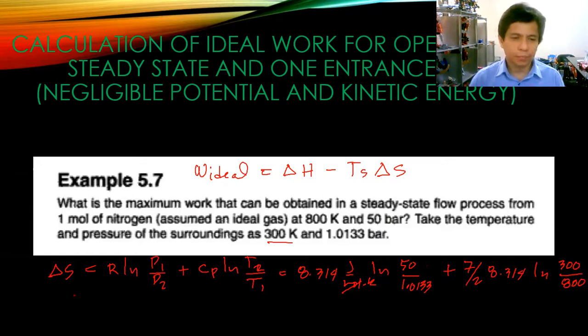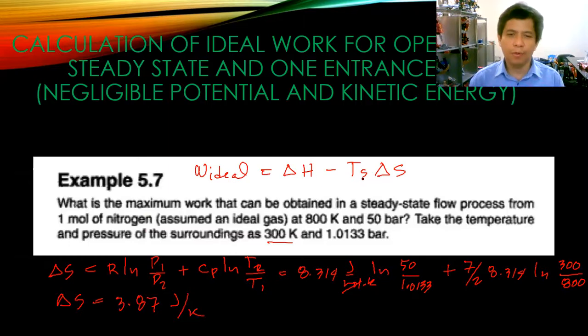Okay? Using your calculator, you can calculate delta S. You should get something like 3.87, and the unit is joules per Kelvin.